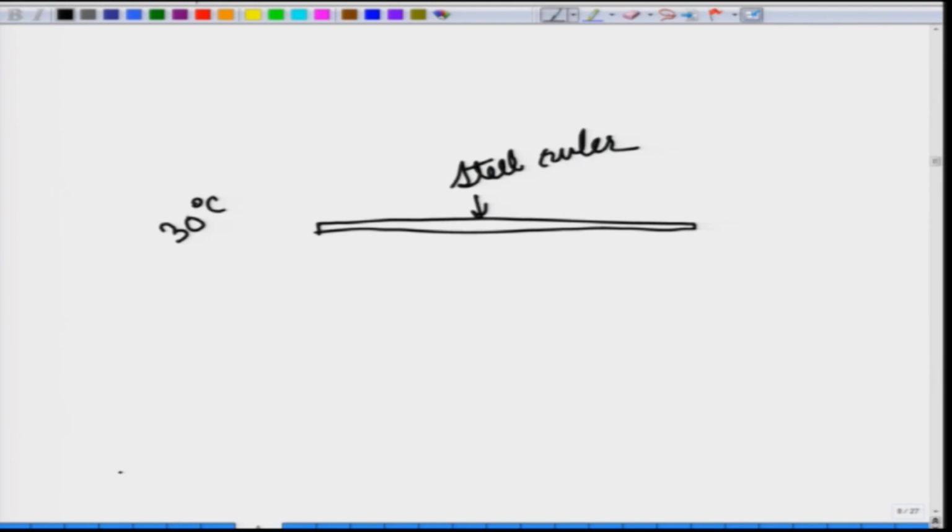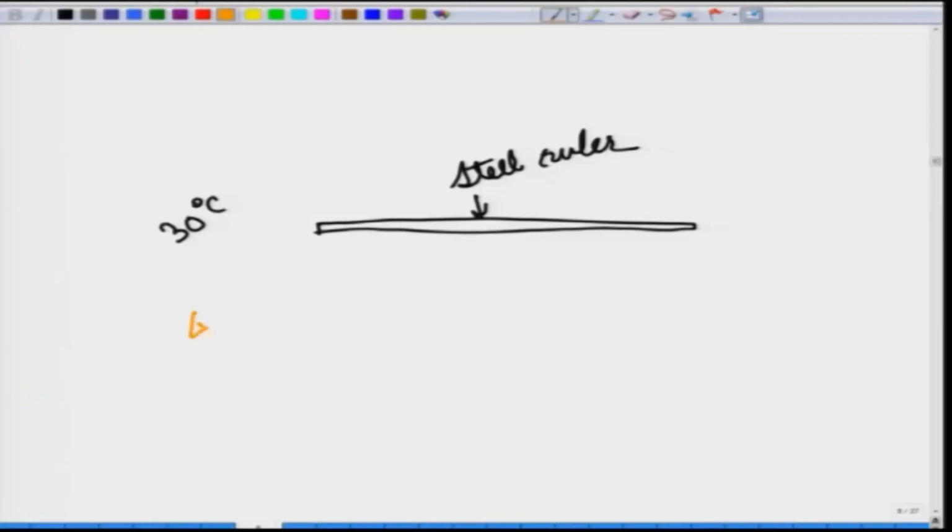Now, when you went into the field, you were taking measurements on a plain field, and there you had a temperature of, say, 40 degrees Celsius, because now you are exposed to the sun. When you are exposed to the sun, there will be a slight increase in the length, because the ruler is getting heated, and there is an expansion because of this heat. So, there is a thermal expansion in the linear direction.